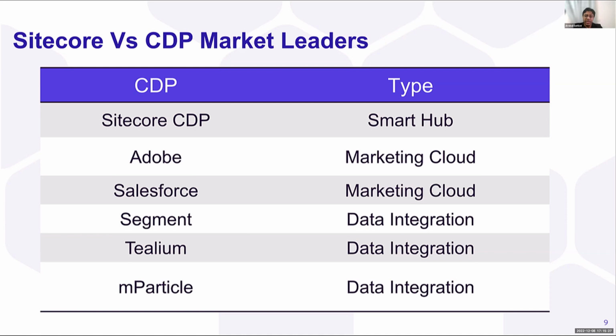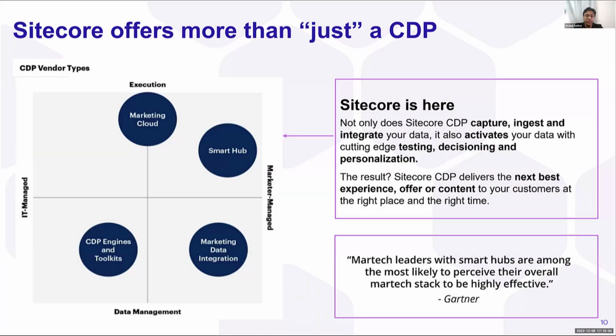Now, let's see where Sitecore CDP stands with all other types of CDPs in a diagrammatic way. So here we can see where Sitecore stands. Not only does Sitecore CDP capture, ingest, and integrate your data, it also activates your data with cutting-edge testing, decisioning, and personalization.